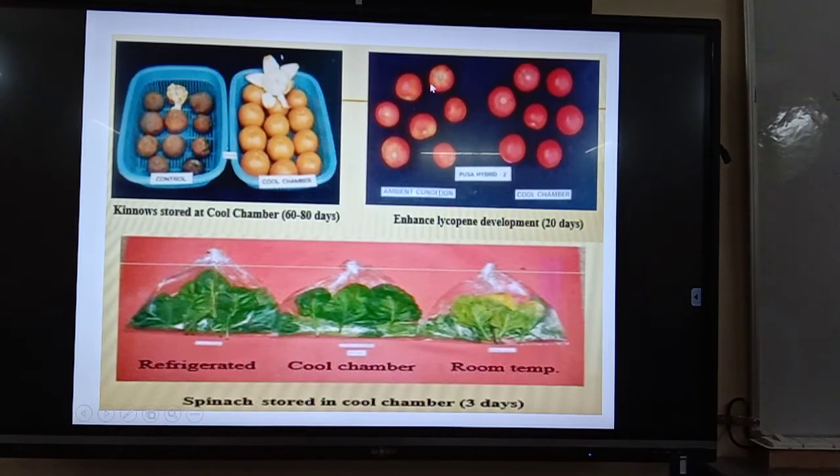This will be the condition of the tomato, but in the Pusa zero energy cool chamber the condition of the tomato will be much better. Similarly, you can also see the comparison between 3 systems: refrigeration in the fridge, the cool chamber, and room temperature. At room temperature the crop loses not only its color but also weight.